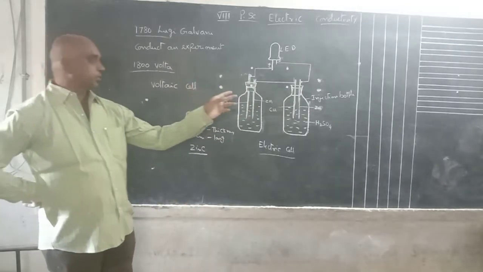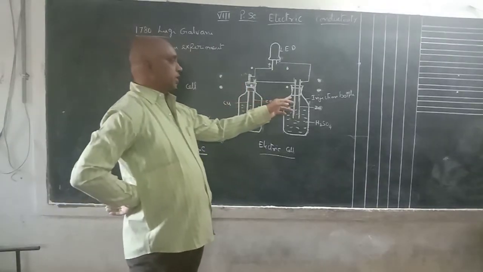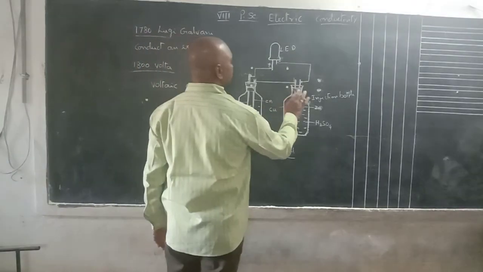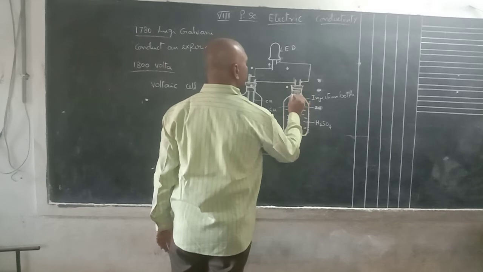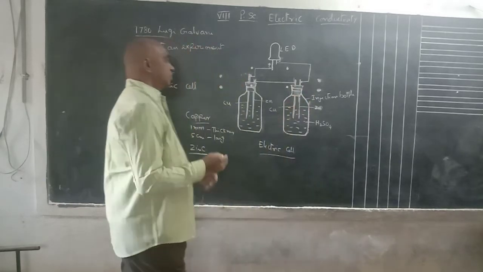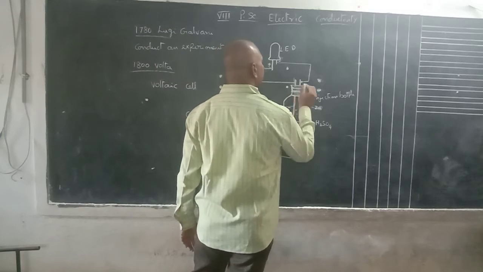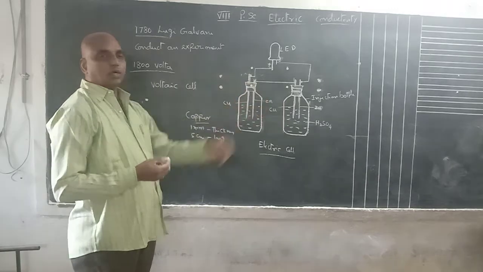Give some gap between copper and zinc, nearly 2 or 3 centimeters. Here also, take another injection bottle and do the same, and insert the two rods.